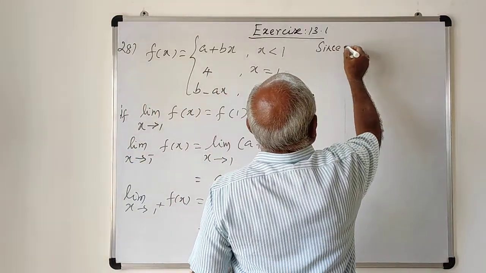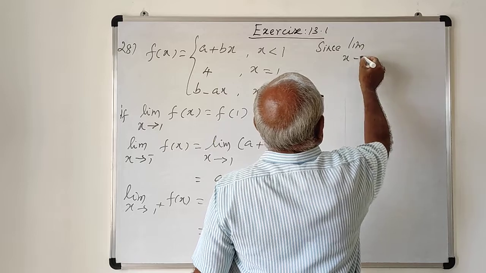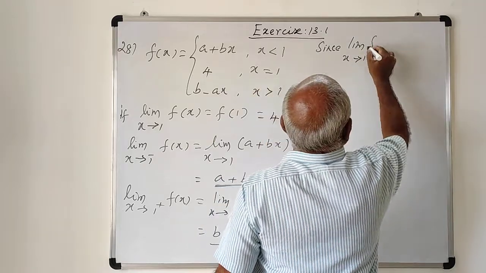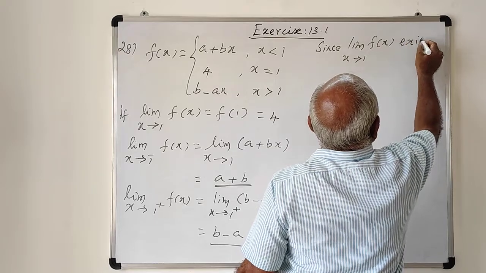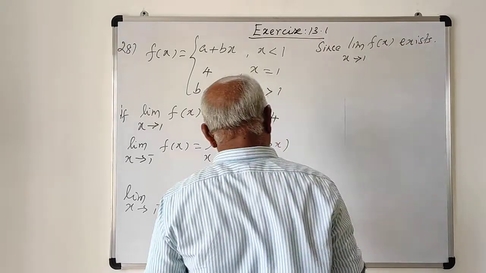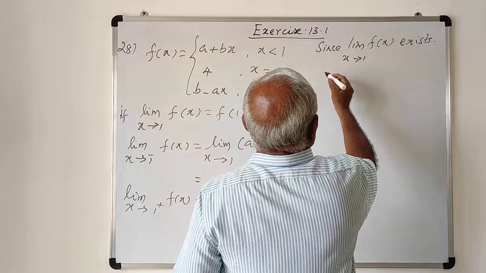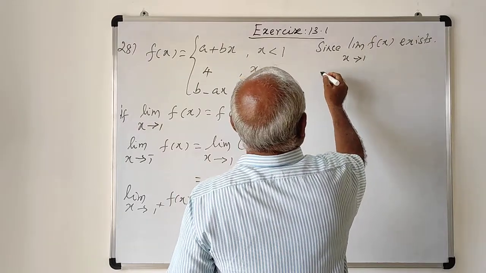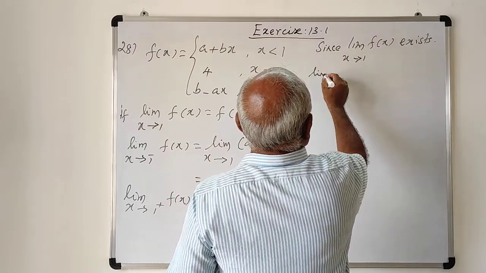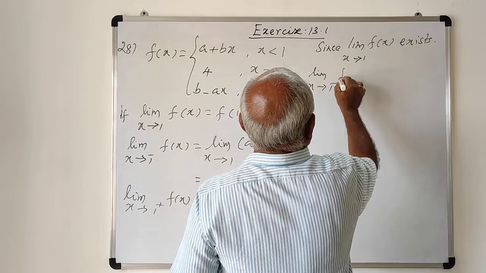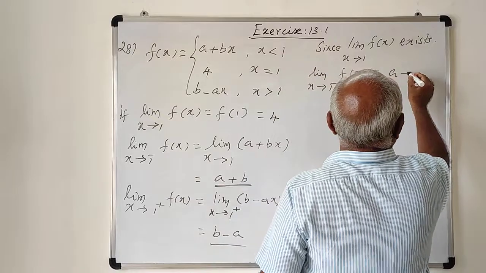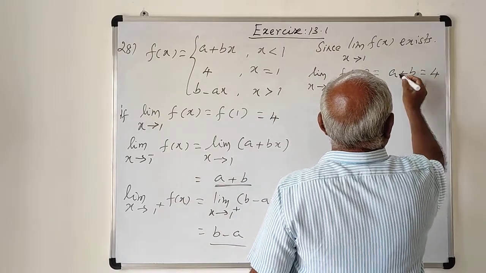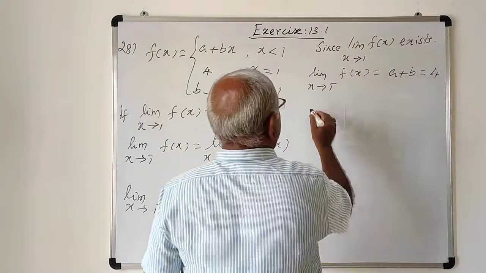Since the limit x tends to 1 of f of x exists, that is f of 1, we say that limit x tends to 1 minus f of x is a plus b, that is equal to 4, because left limit equals right limit.